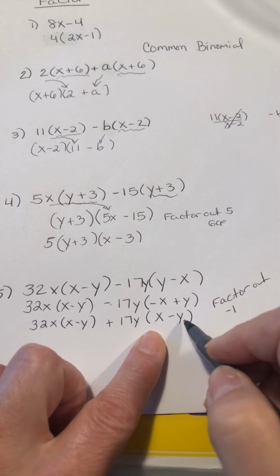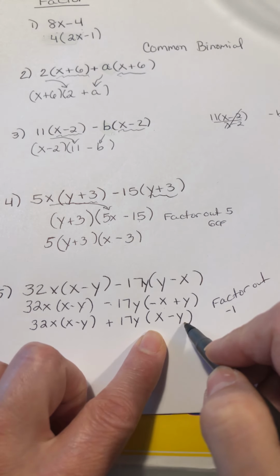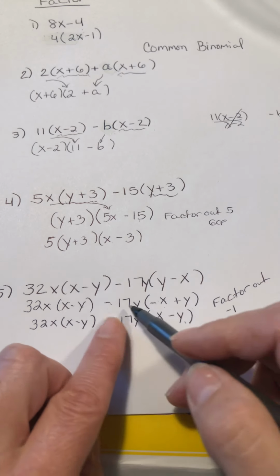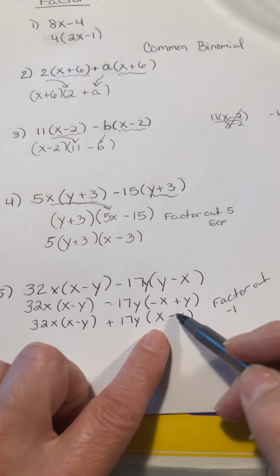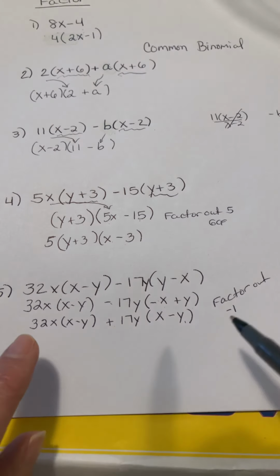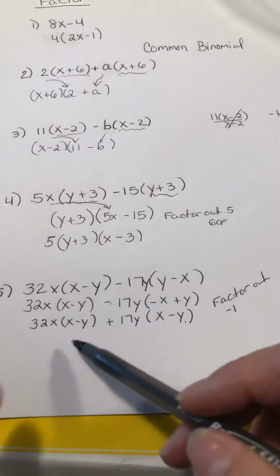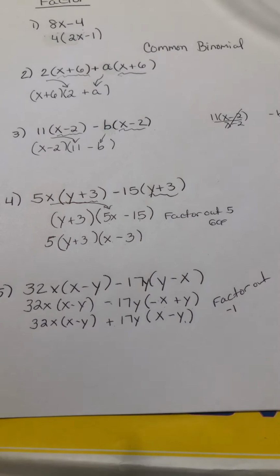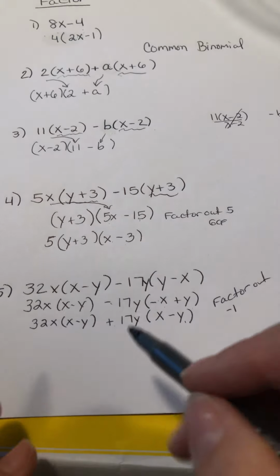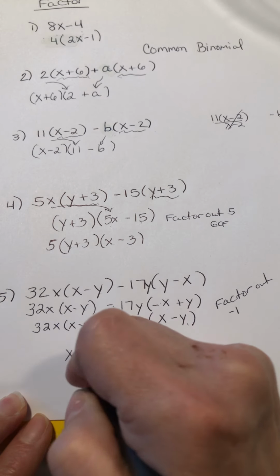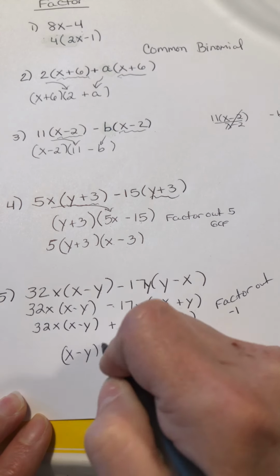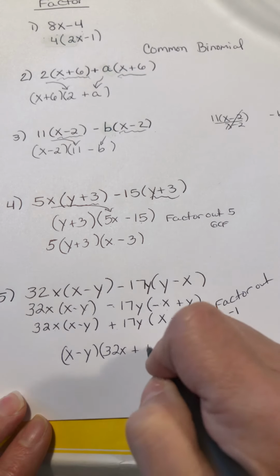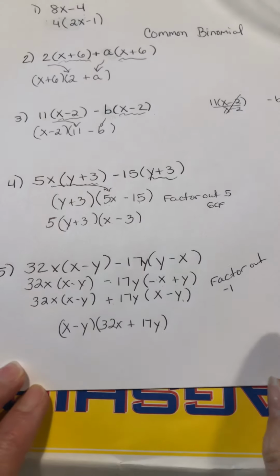And it will also change the signs in here from negatives to positive and positives to negative. So the sign out here changes and the signs in here change. But now I have exactly the same binomial, x minus y, and so now I can think about factoring this just as I did the others before. So I can put my common binomial, and then I can have my 32x and then plus 17y.